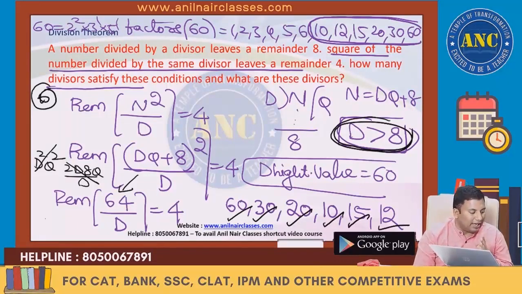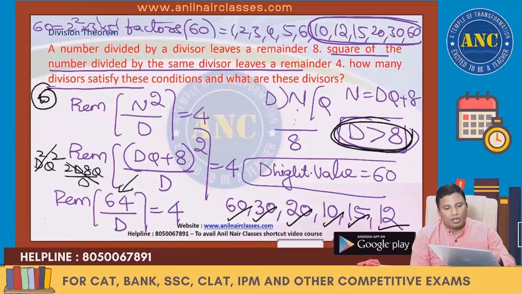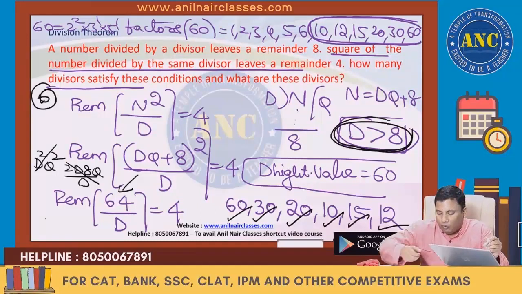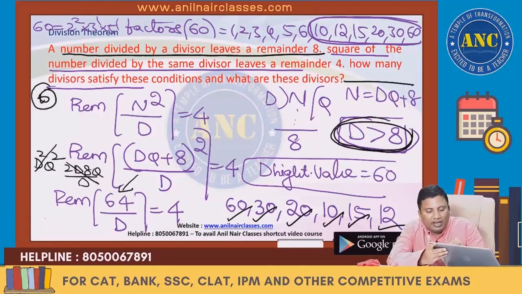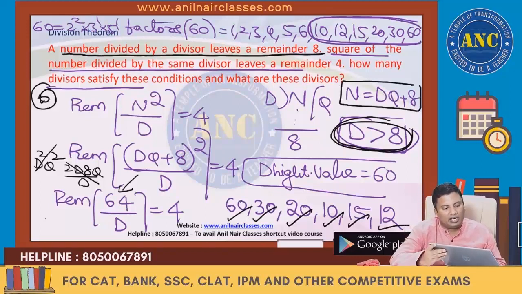Rupa, for you I am explaining again. Step number 1: a number when divided by a divisor leaves a remainder 8. Dividend equals divisor into quotient plus remainder. The square of the remainder when divided by the same divisor d leaves 4.